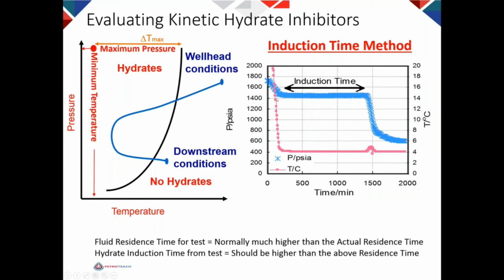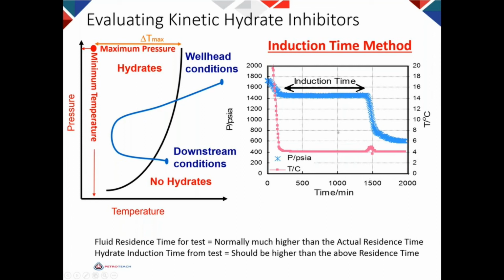For example, here you see the system, this is temperature at 4 degrees. This is the cell pressure at 1400. Initially, because of the temperature drop, pressure is dropping, and then pressure is constant up to 1400 minutes.